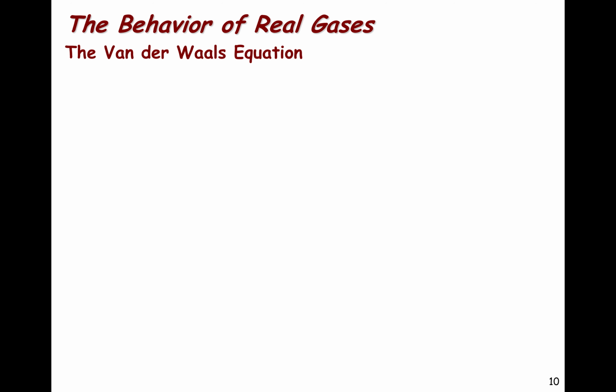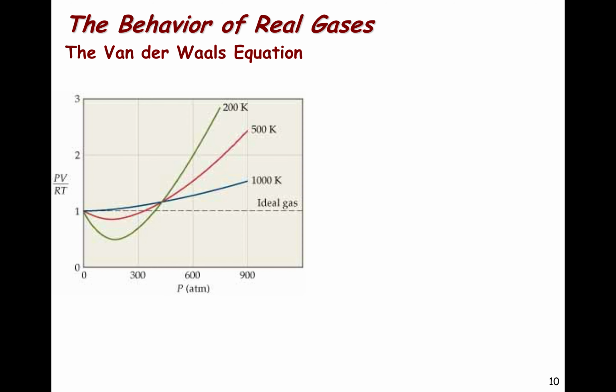A consequence of this is shown here in the plot of temperature for a particular gas as compared to the possible value of PV divided by RT for an ideal gas. For an ideal gas, the value of PV divided by RT would be 1 at all temperatures, and you can see that as the dashed black line labeled ideal gas here. At different temperatures for a real gas, you're going to see significant deviations away from this behavior.